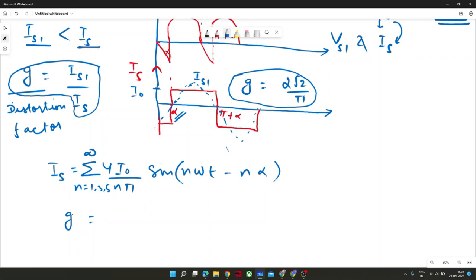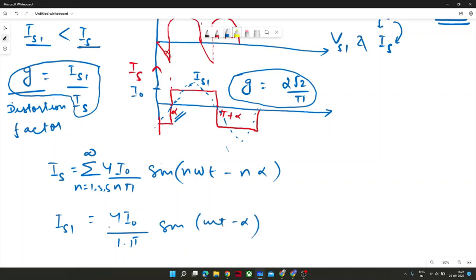So, if I move ahead, I will try to compute IS1 RMS and IS RMS. First I will write what IS1 would be, and IS1 would be 4 I naught by 1 into pi, because n will be 1, sine omega t minus alpha.